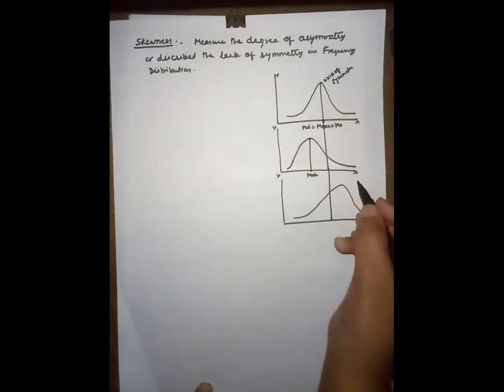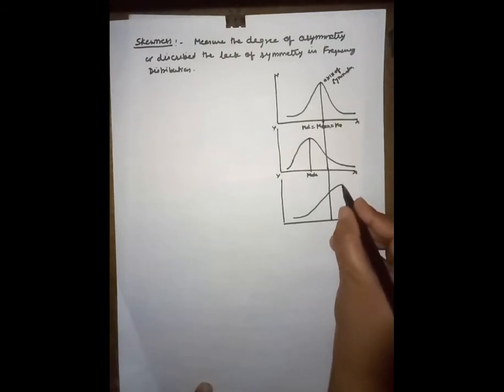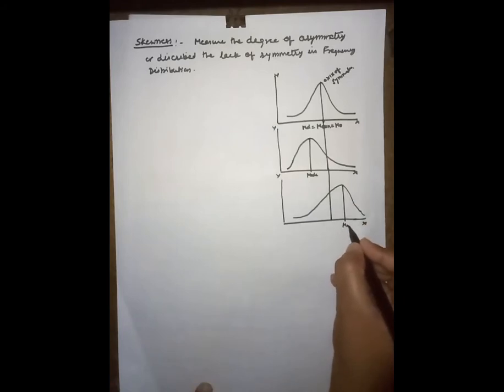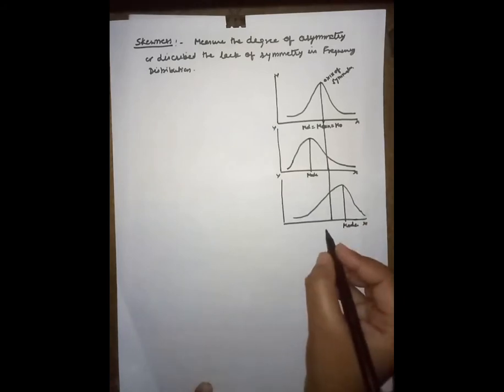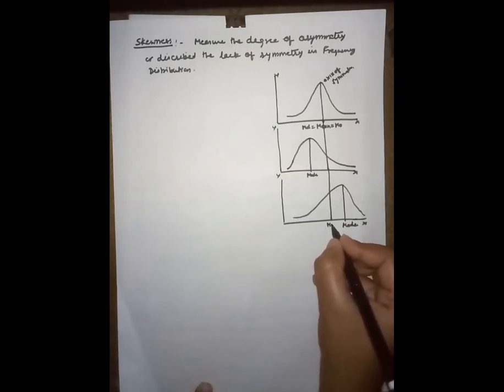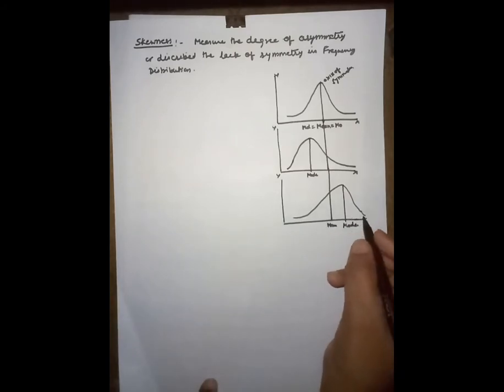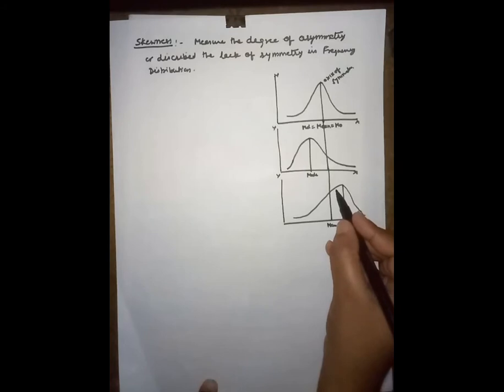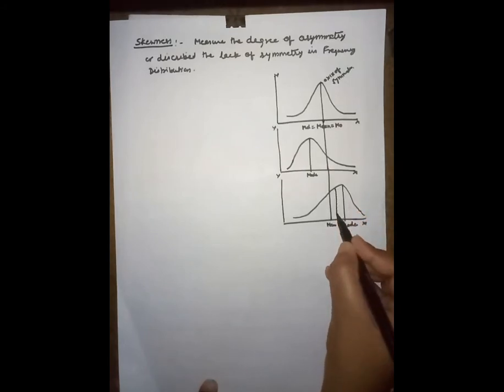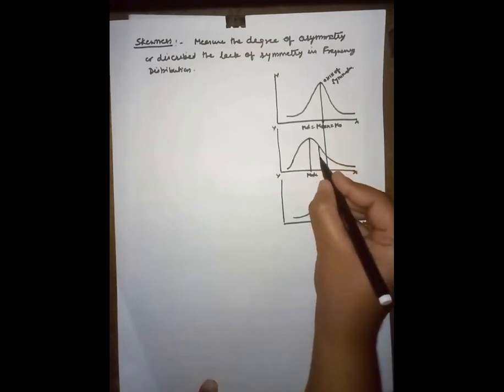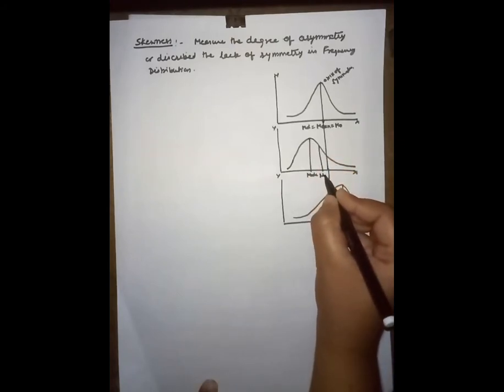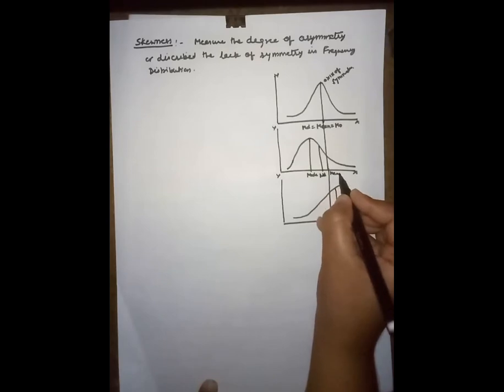In the other curves, this is the mode, this is the mean, and here the median.